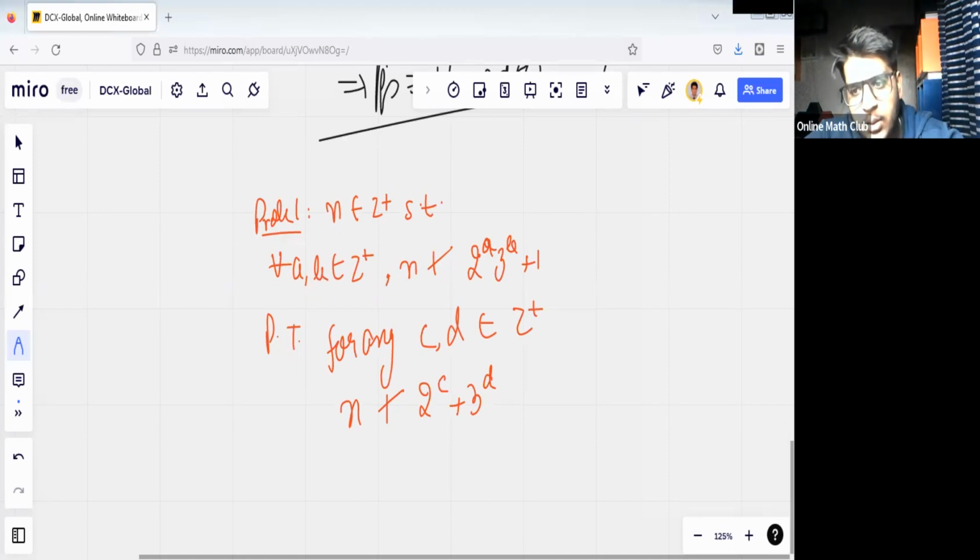Any ideas, anyone? Yes, Anurag. I think this problem was also given as a joke by Atul in some meet or something.